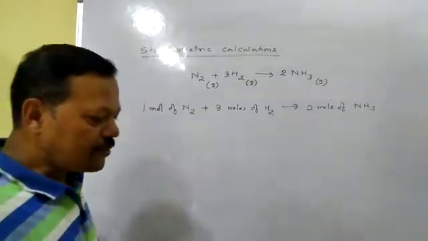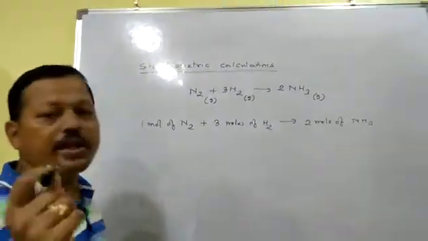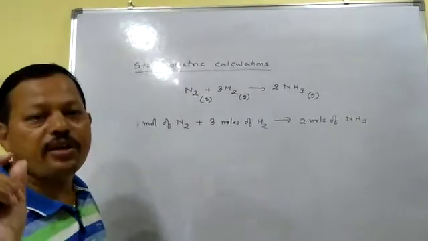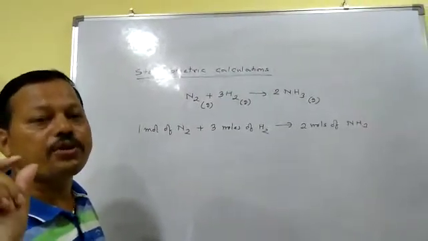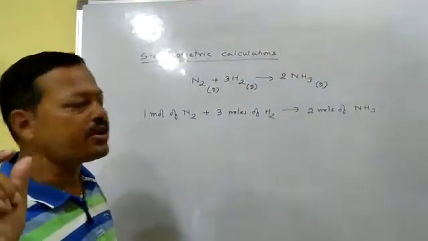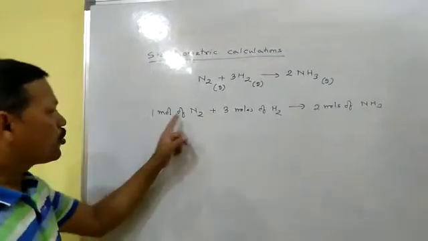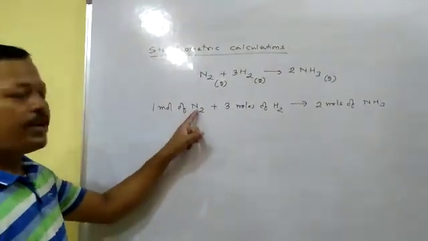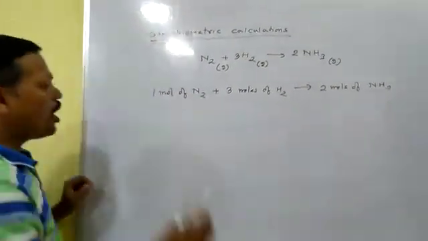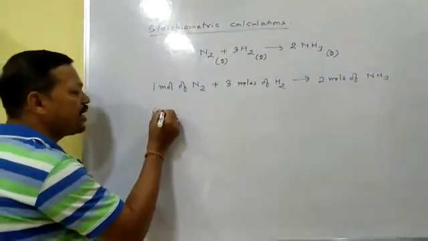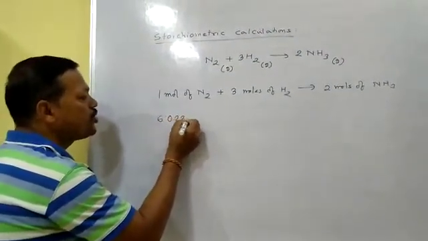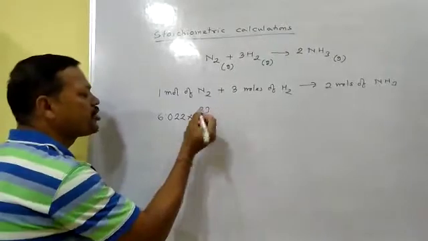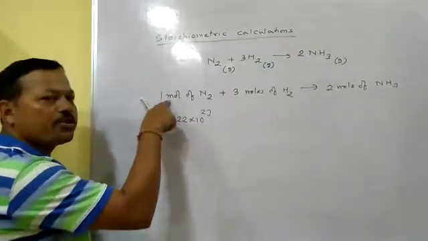Secondly, as you know, 1 mole contains how many molecules? 1 mole always contains 6.022 into 10 to the power 23 molecules, which is called Avogadro's number. So here, how many moles of nitrogen? 1 mole. So how many molecules will be present? 6.022 into 10 to the power 23. This is the number of molecules because it is 1 mole.